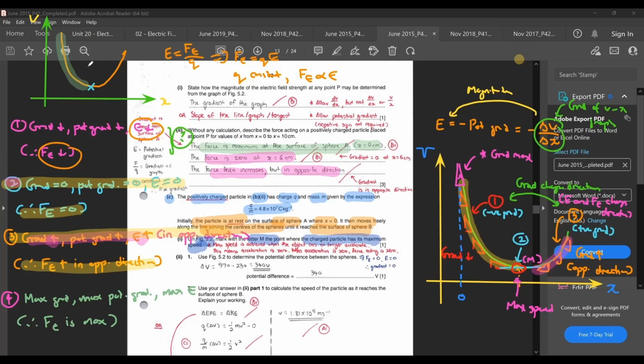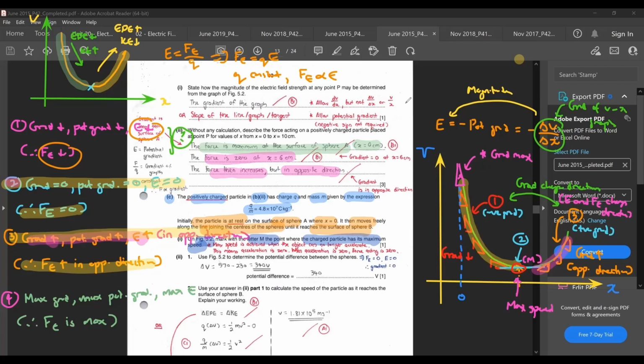If you go from here to here, you could clearly see that your EPE is dropping such that your KE is increasing. Then after that, if you go from here to here, in this direction, you likewise can see the opposite happening. Your EPE increases, but your KE is dropping.